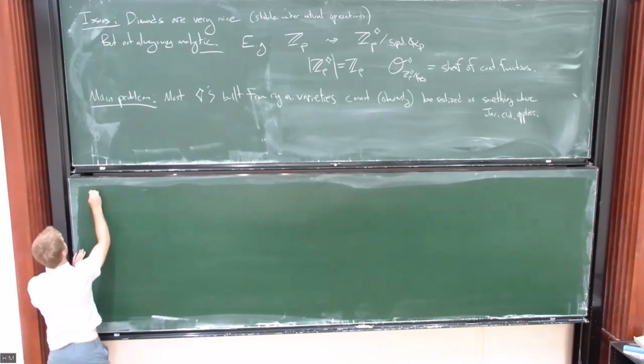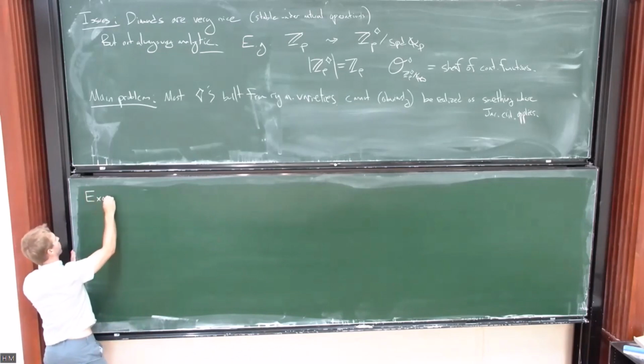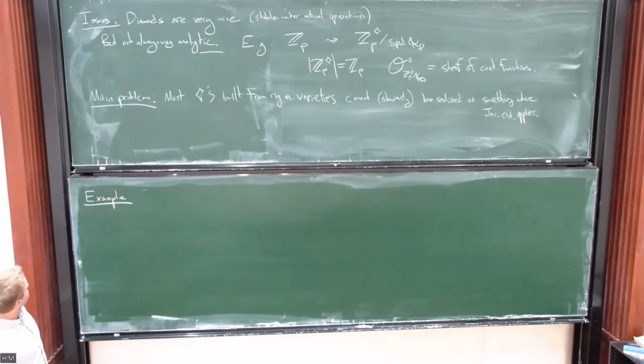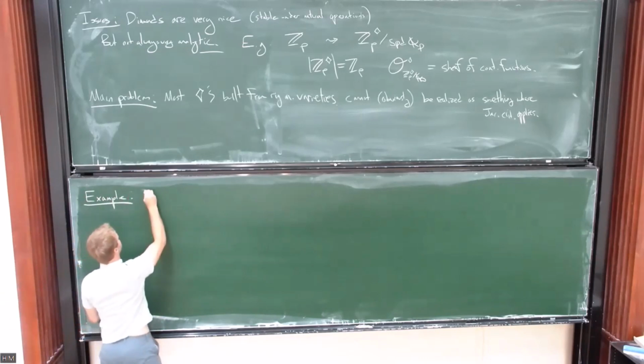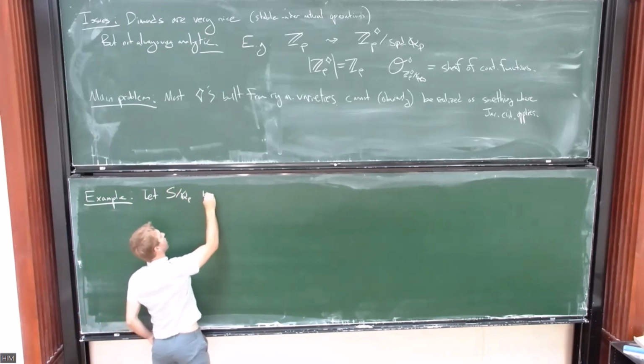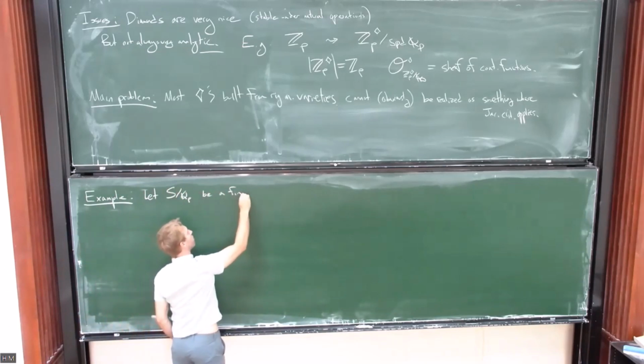So here's an example of something where you cannot use the Jacobian criterion. Let S over QP be the finite level modular curve.